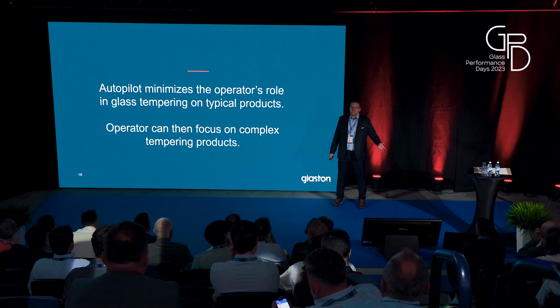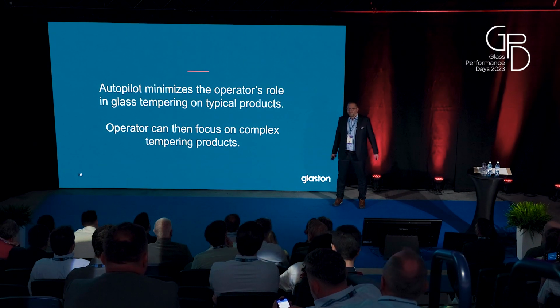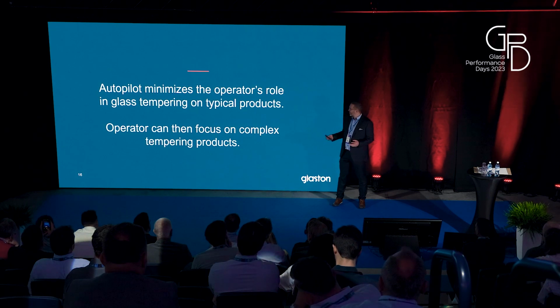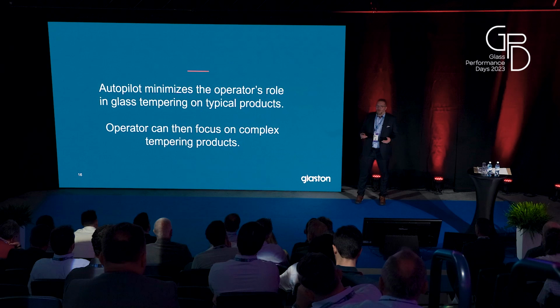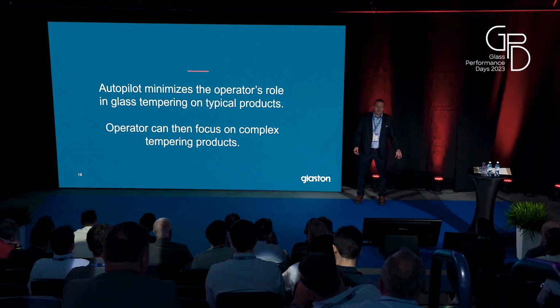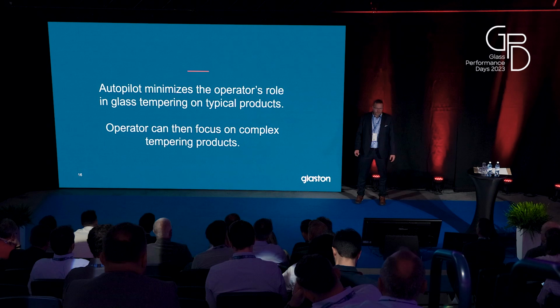You don't have to change that many parameters, but you have to know from experience how it works. If you don't have that experience, then the autopilot helps with that, and also for experienced operators, they don't have to think so much about how it looks. They don't have to know what the furnace state is. It is automatically taken into consideration.